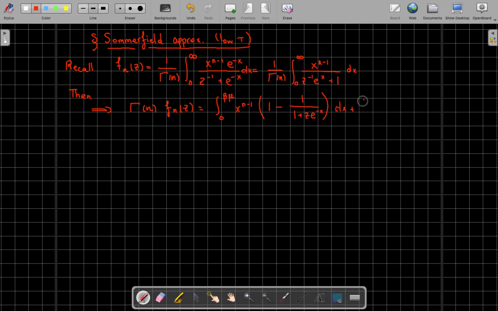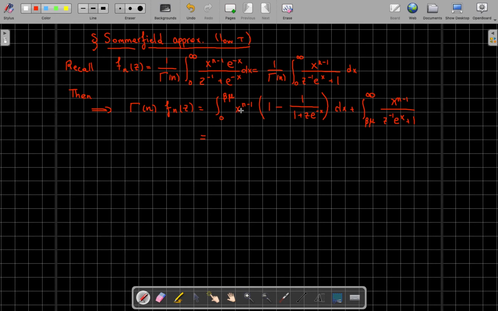dx plus another integral from beta mu to infinity of x to the power of n minus 1 over z inverse e to the x plus 1. Okay, so I've just rewritten this as usual. This can be calculated more or less.